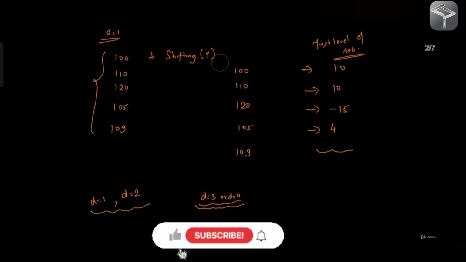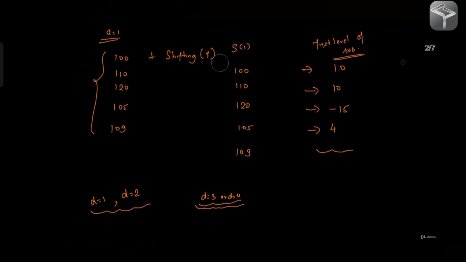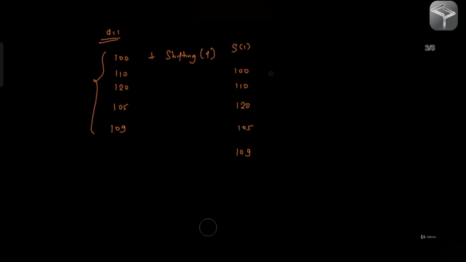When I apply the second order differencing, which is a shifting of 2, 100 gets shifted here, 110 here, 120 here, and 105 over here.